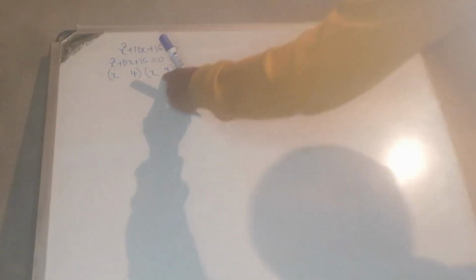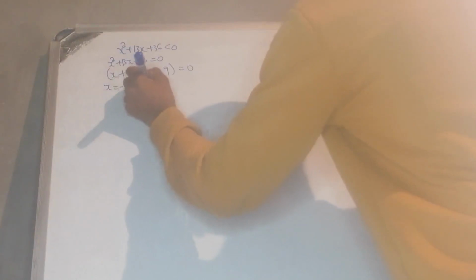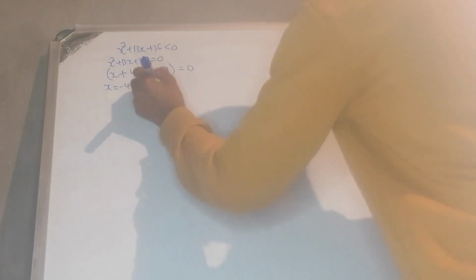And I know that 4 plus 9 is 13. And the bigger number takes the sign of the middle term. They are positive, therefore they must also be positive. So what I can do from there, I can say that x equals minus 4 or x equals minus 9.